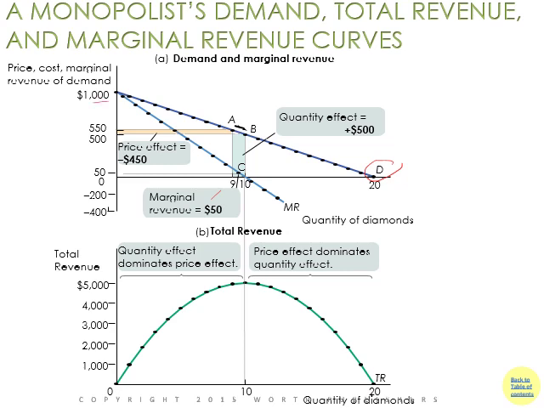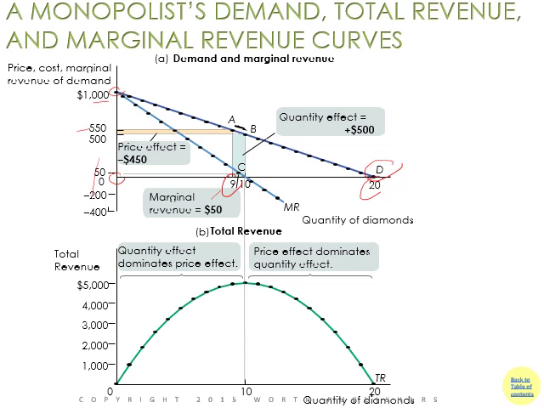So when price is equal to 1,000, the quantity demanded is equal to 0. And when the price was 550, the quantity demanded was equal to 9. And when the price is equal to 0, the quantity demanded is 20. So we can plot those points from the previous table and get our demand curve.